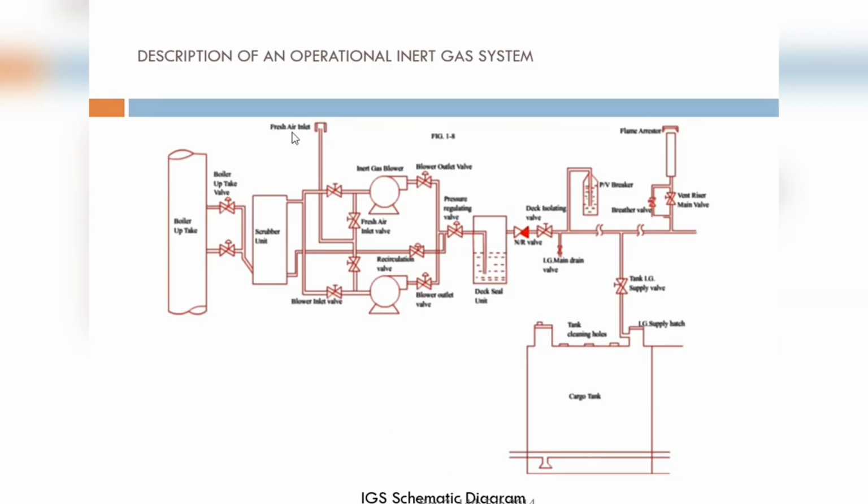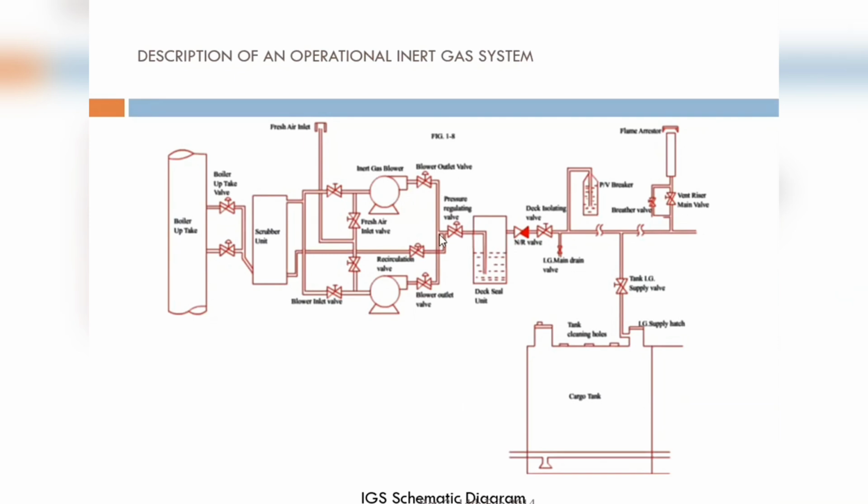We are aware of the fresh air inlet line, and we understand that it is there. The line can be used when the IG system is not in use. If we need to gas free any tank, we can use the same system, same pipeline diagram, for gas free purposes also.